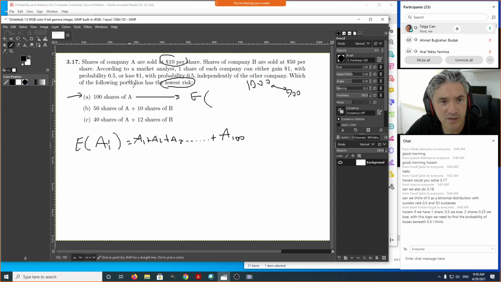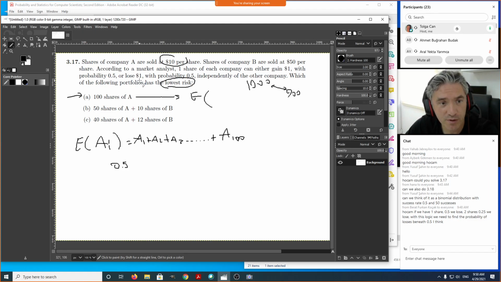We can also do it like this. If we buy 100 shares of this, with 0.5 probability, if we don't treat them independently, each of these shares is going to be down or up at the same time.